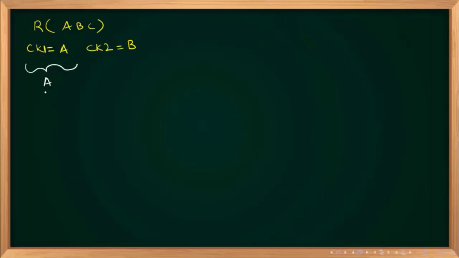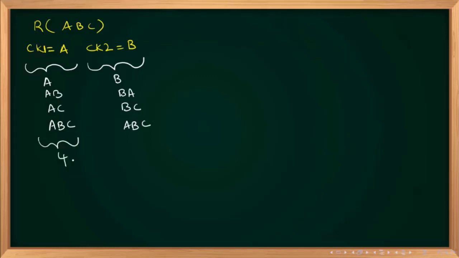You can make A, AB, AC, and ABC. Okay, fine. With the candidate key B, how many can you make? You can make B, BA, BC, and ABC. So with this one we can make 4, and with this one we can make 4. So in total it should be 8, right? Then why are you telling 5, 6 and all?